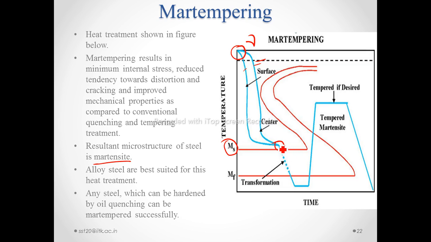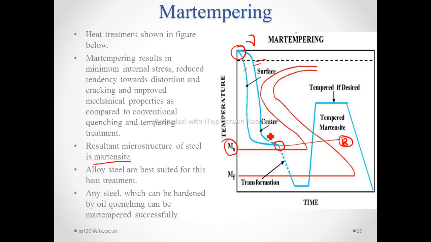After here, it is a different process as compared to Austempering. In the Austempering process, we hold at this temperature for some duration of time so that we get the bainitic structure.